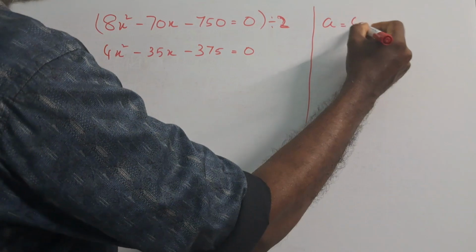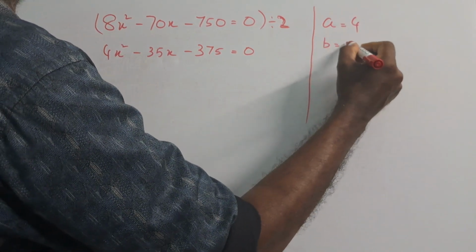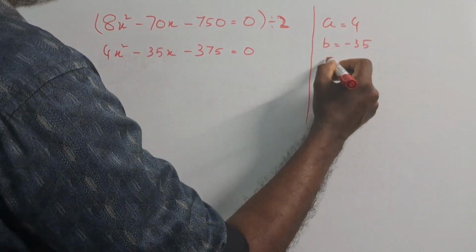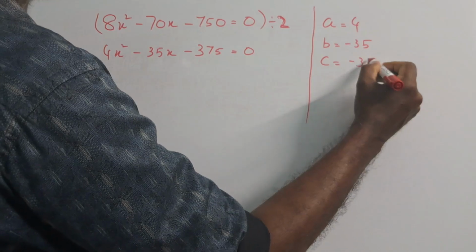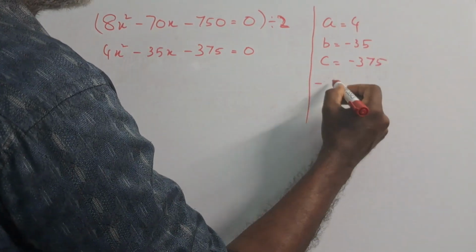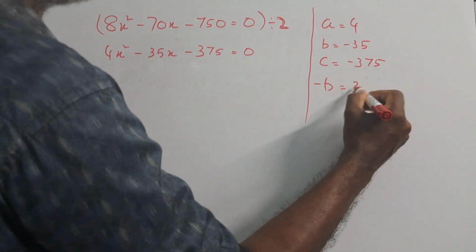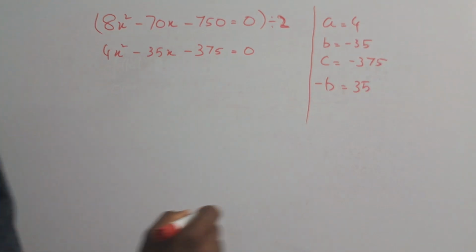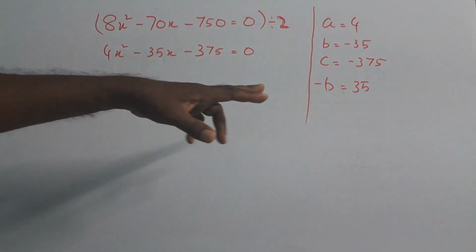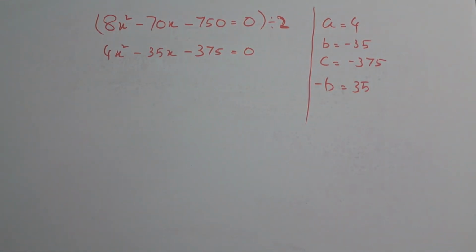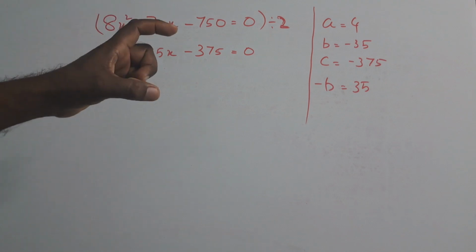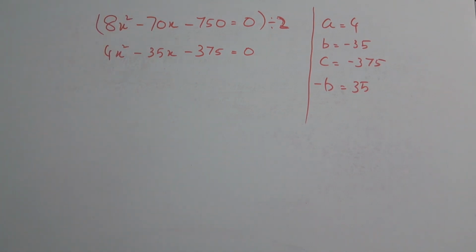Here a is equal to 4, b is equal to minus 35, c is equal to minus 375, and minus b is equal to 35. This is to avoid the mistakes. If you note down separately, you will never go wrong.